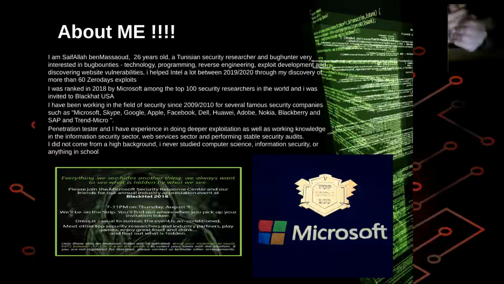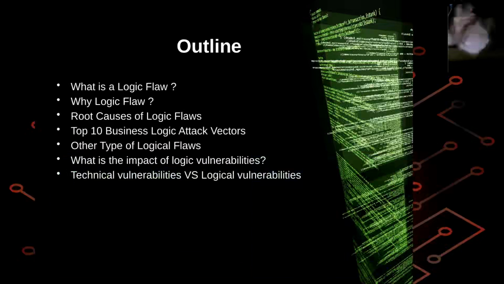So we have several things that we will talk about in this outline. We have what is a logical flaw and why logical flaws, the root cause of logical flaws, the top 10 business logic attack vectors, and other types of logical flaws that we have already discovered in the bounties.